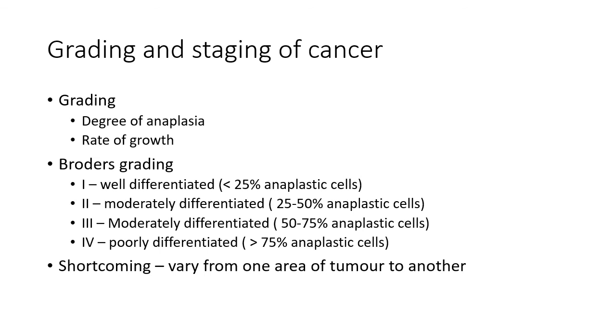Grade 2 is referred to as moderately differentiated with 25 to 50% anaplastic cells, and grade 3 is moderately differentiated but with 50 to 75% anaplastic cells. Any tumor with more than 75% anaplastic cells is graded as grade 4, that is poorly differentiated or anaplastic.